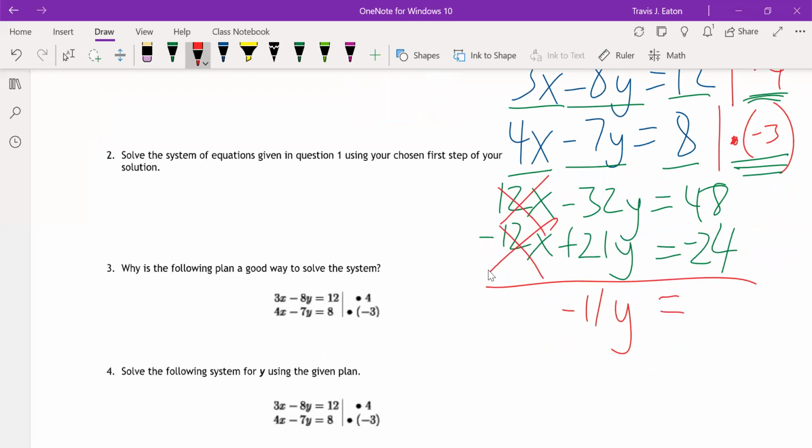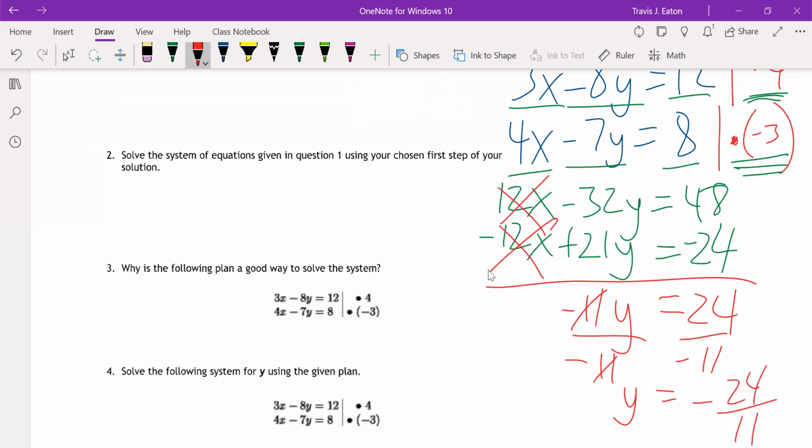And positive 48 and -24 would give me a positive 24. Now, all I have left to do is solve for y by dividing by -11 on both sides of my equation. Those cancel each other out, and I get y equals -24/11. Well, that's a weird thing to end up with, but that's okay.